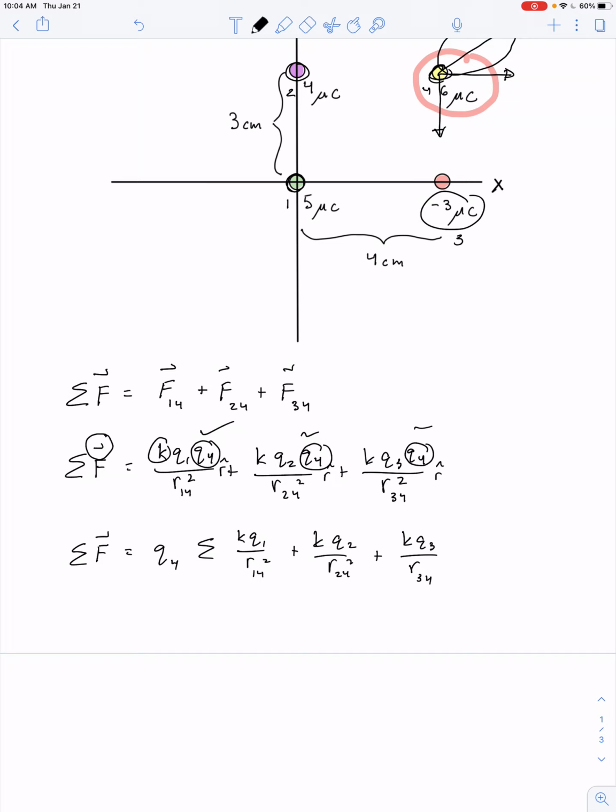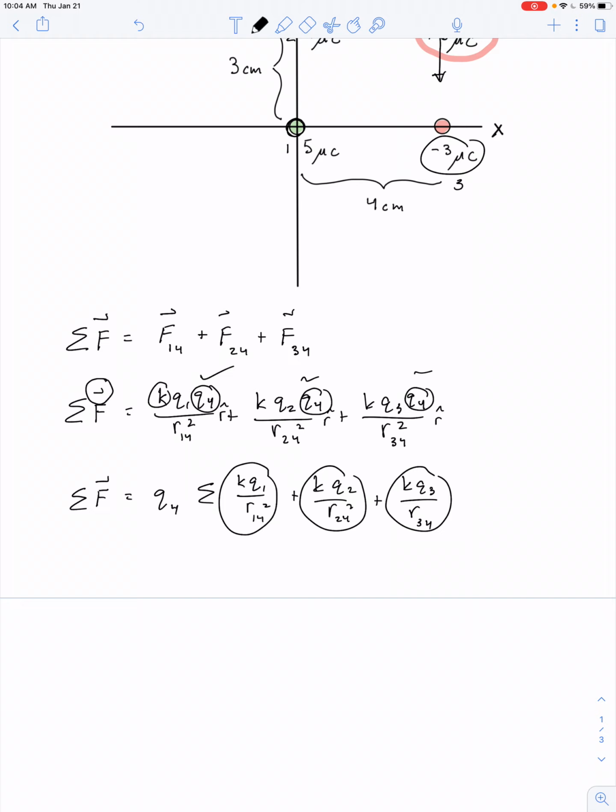Okay, so the question is, what would each one of these terms be? For one thing, what units would each one of these be measured in? If this Q4 had not been factored out of it, these would be newtons. But because we've factored out one of the charges, that means these are all newtons per coulomb, right? So we're going to take a summation of newtons per coulomb and then multiply that times some number of coulombs.